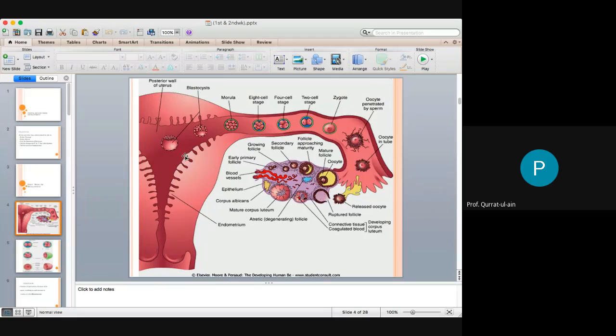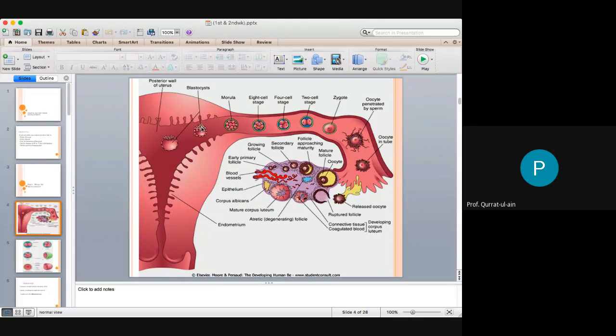Now you can see the size has increased, the number of cells is tremendous now. One layer of those cells has formed the outer boundary, and the other ones are being collected at one end of this, right? So this is the blastocyst with the blastocyst cavity.